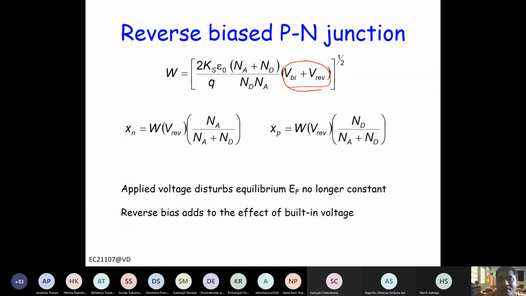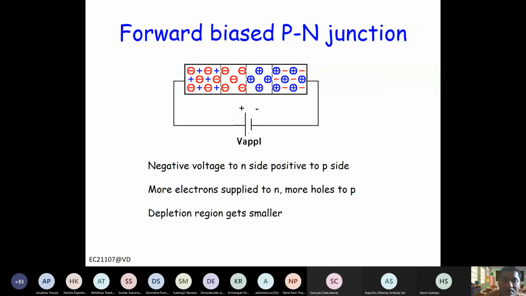Now let us see what will happen in forward bias. In forward bias, we apply a positive voltage to the P side, so this will repel the holes, and the N side will repel the electrons. So your depletion width will decrease. With narrow depletion width, again we can use the same expression.